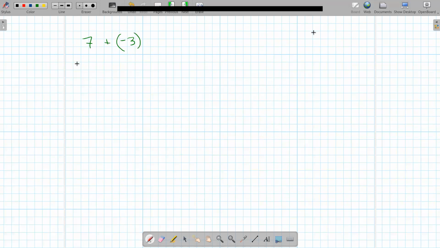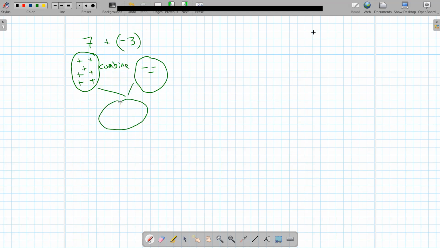We would draw our 7. So there's my set of 7. And I want to combine that with my set of 3, -3. And I put them together in some way.